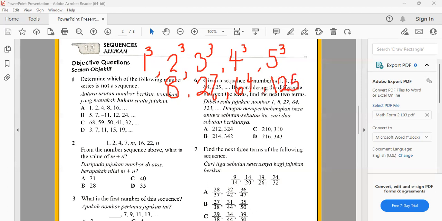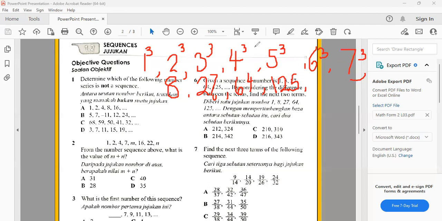In your scientific calculator, if you take 5 times 5 times 5, a normal calculator also can, you get 125. So the next two terms would be surely 6 cubed, or 6 to the power of 3, and also 7 to the power of 3.